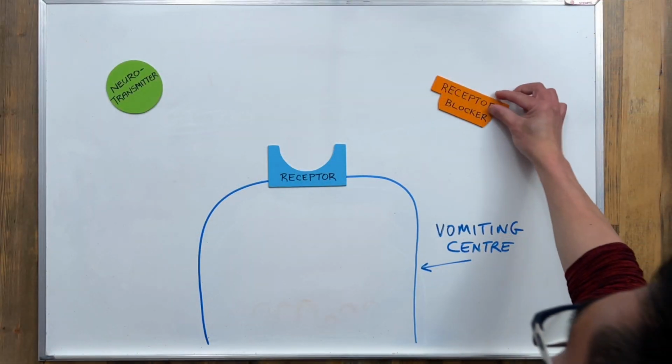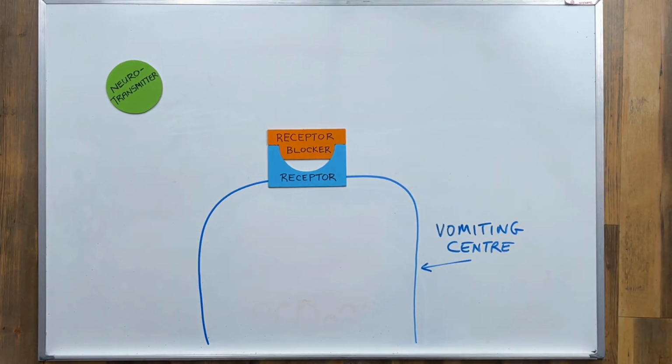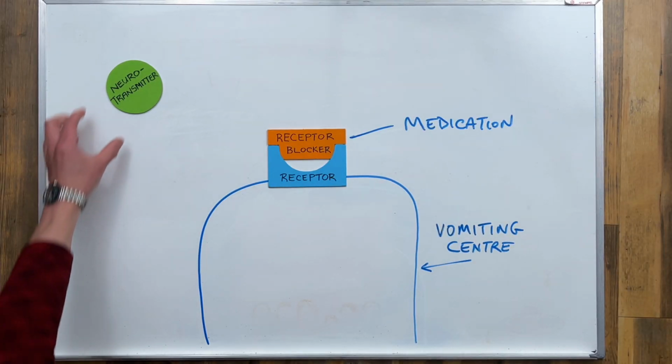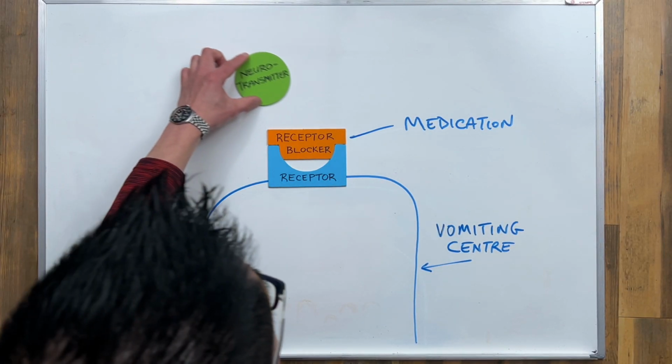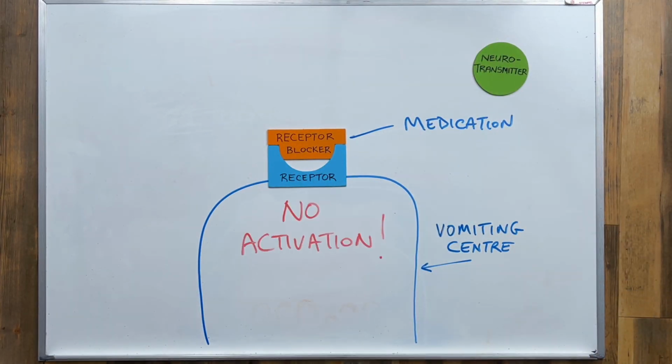When choosing an anti-nauseant, your medical team tries to pick the one that blocks the main neurotransmitter involved in that particular cause of nausea. By blocking the receptor, the neurotransmitter is then unable to activate it. This concept also explains why certain anti-nauseants work better for some types of nausea, but less well for other types.